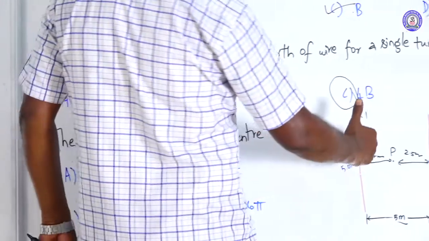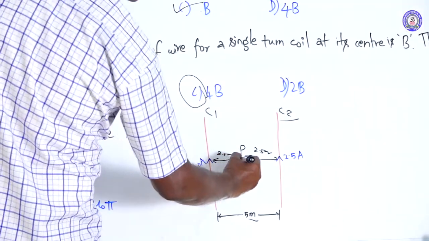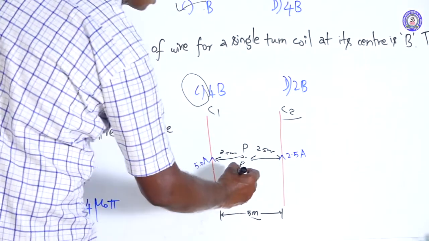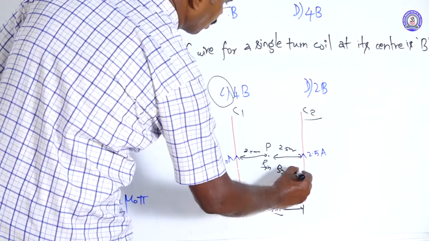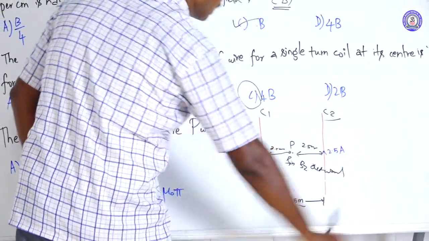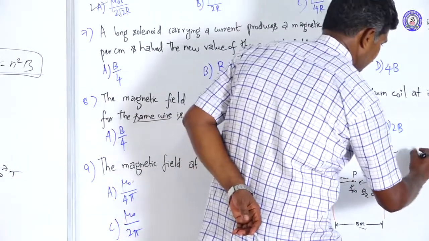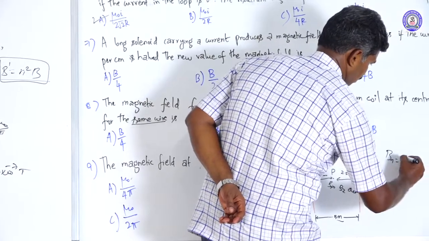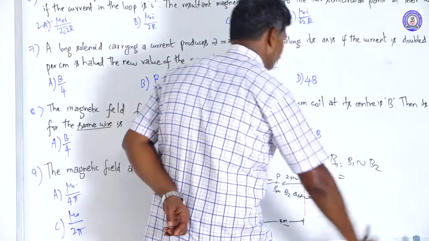For the first conductor, magnetic field B1 is acting inwards, but B1 inwards, B2 outwards. So the resultant magnetic field for this arrangement is Bt equal to B1 minus B2.